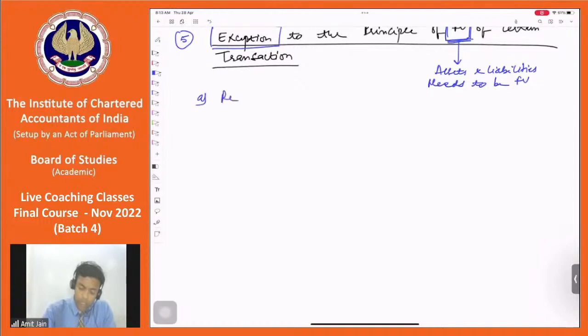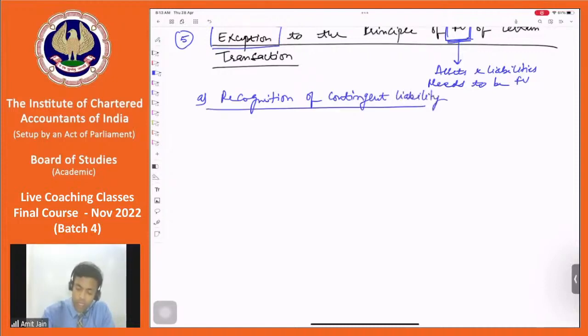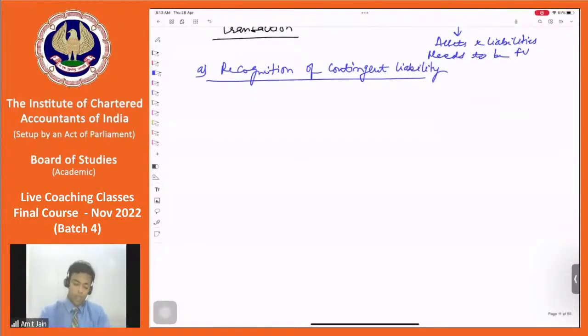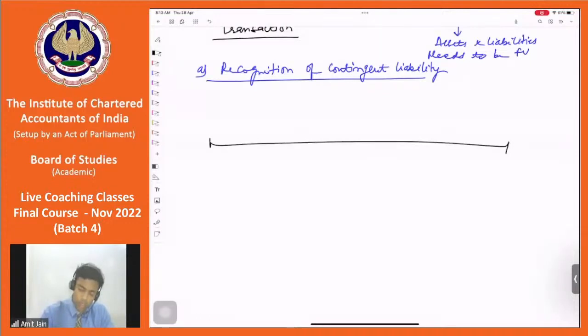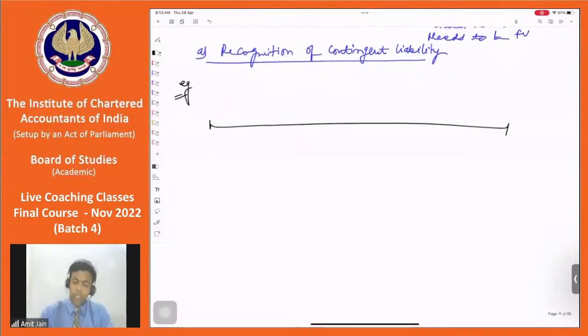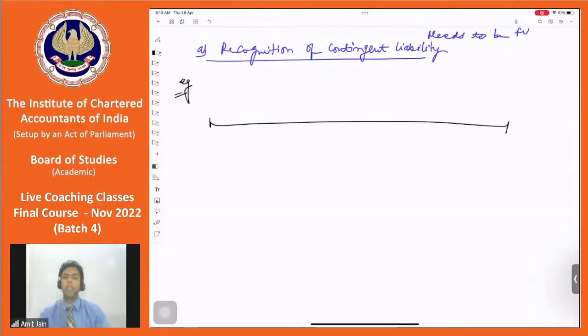First exception is recognition of contingent liability. Right? What is the transaction? Let's understand a transaction. Try to understand the concept by way of examples and the concepts.